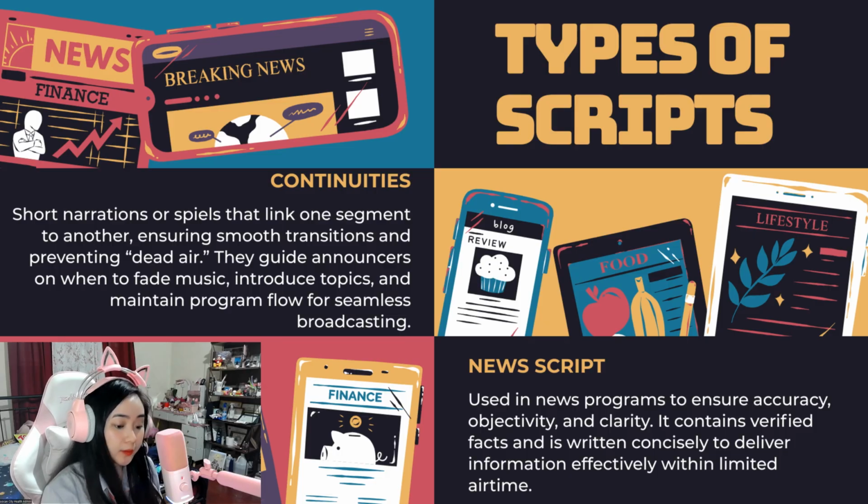For example, in programs such as DZRH News Nationwide or Radio Patrol Balita, anchors follow written scripts to deliver news with balance and clarity. These scripts sometimes include short interviews or recorded sound bites, often labeled as actuality, referring to clips from field reports or on site coverage. The goal of a news script is to ensure factual, smooth, and well paced delivery of stories within the time limit.